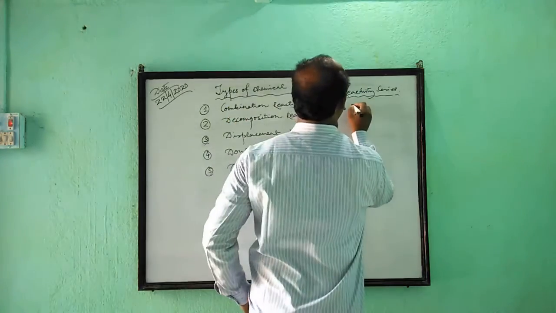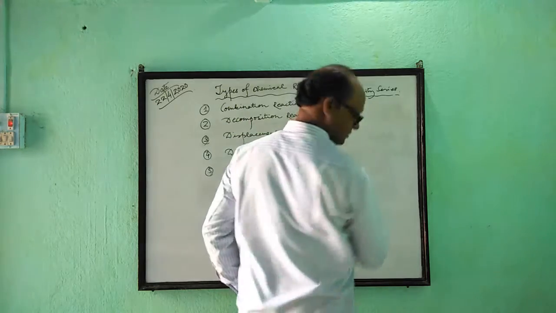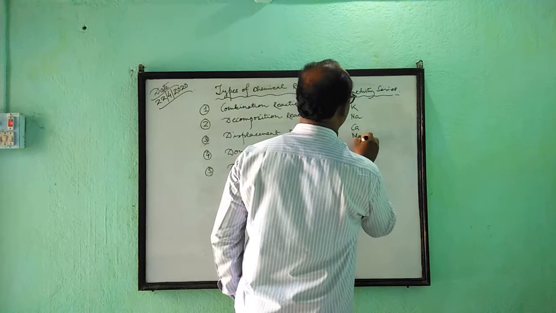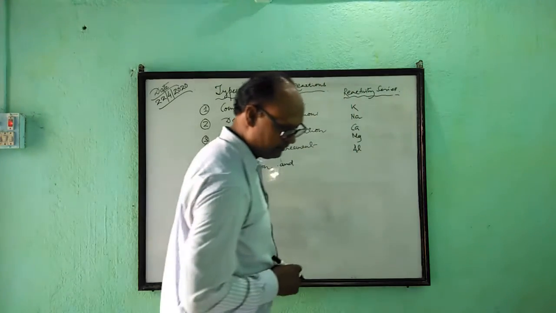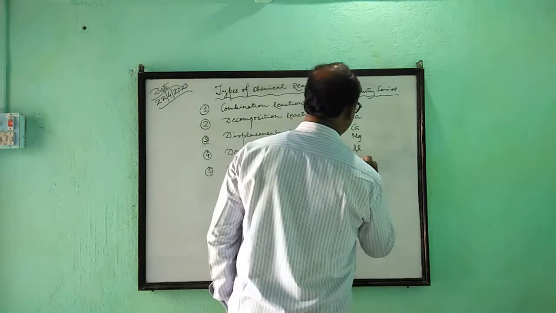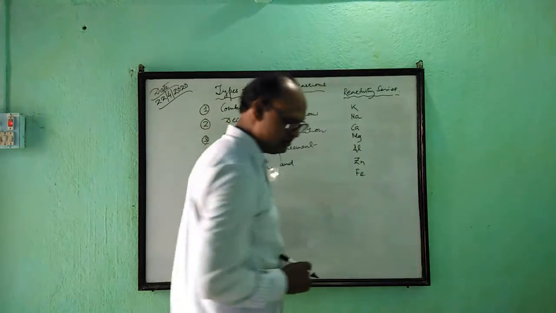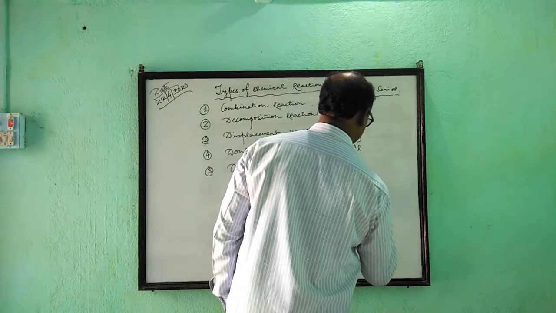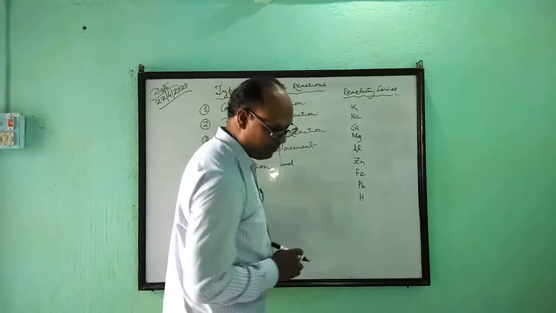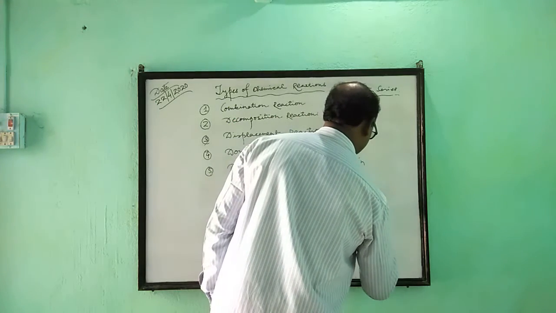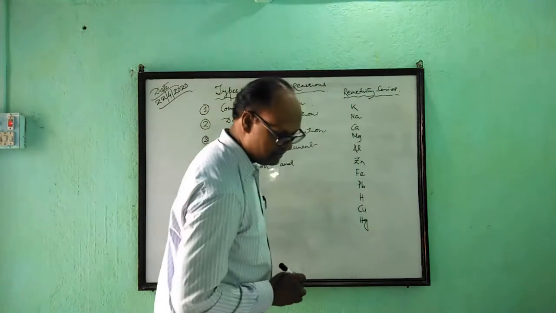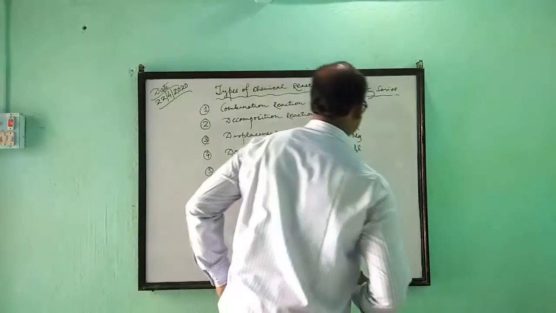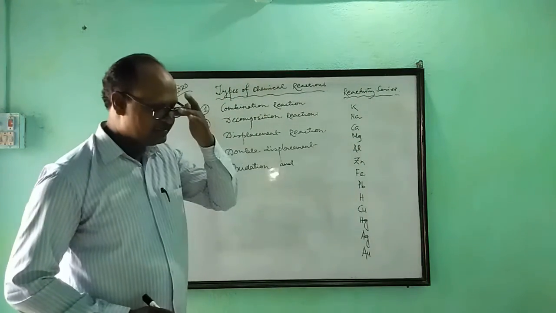At first, potassium, sodium, calcium, magnesium, aluminium, zinc, Fe, iron, lead, hydrogen, copper, mercury, silver and gold. This is the reactivity series.